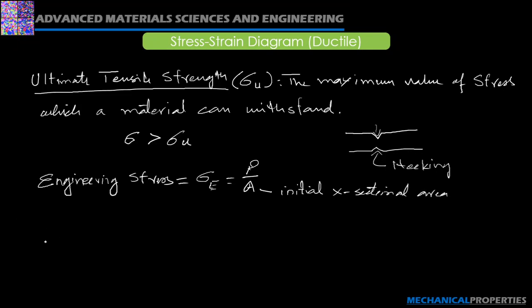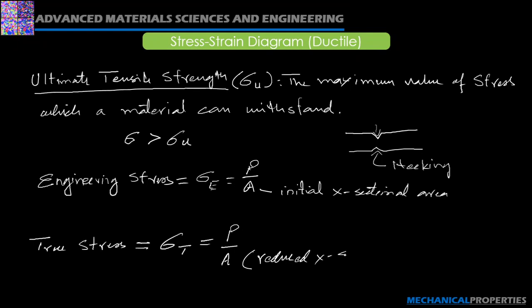Now for the case of true stress, this is denoted by sigma T. Again the expression is the same, that is P upon A. Now in this case, the cross sectional area used is the reduced cross sectional area of the specimen.